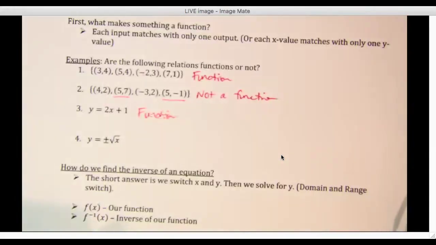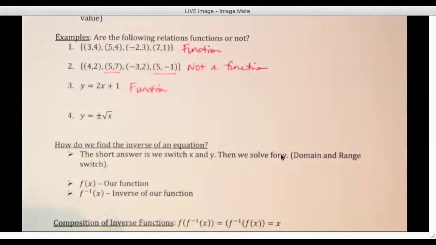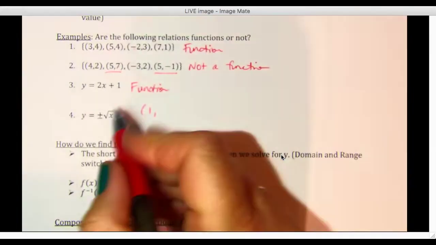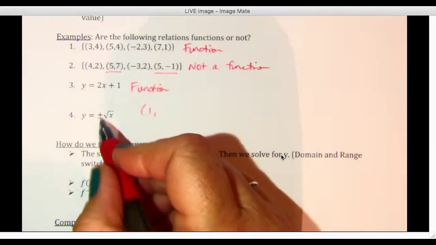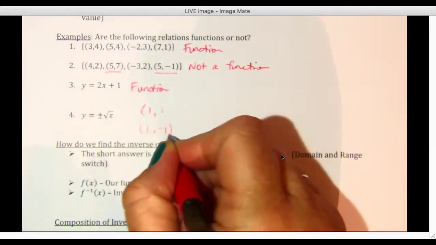Now, for this next one, the dead giveaway is this plus or minus sign. If I plug in 0, plus or minus 0 is still just 0, so I'm only getting one value out. But for everything else, if I plug in x equals 1, I get the square root of 1, which is 1, so I get positive 1 and negative 1.